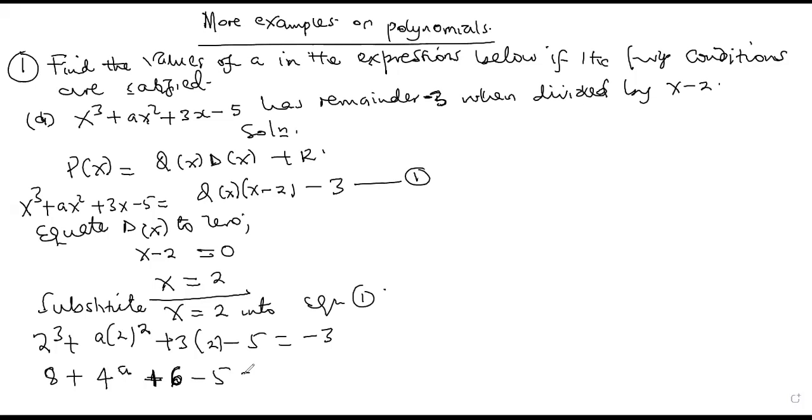Then -5 is equal to -3, implying that 4a plus 8 plus 6, that is 14 minus 5, that is 9. If you subtract it from here, it will be -12. And therefore your a is equal to -3.